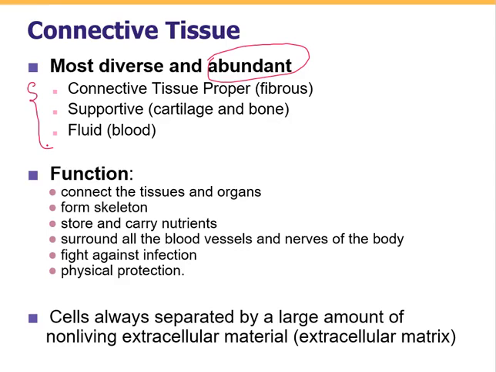Connective tissue does a bunch of important jobs in our body. First off, it's like the glue that holds everything together, connecting tissues and organs so they stay in place. Connective tissue also makes up your skeleton, giving your body its shape and support.